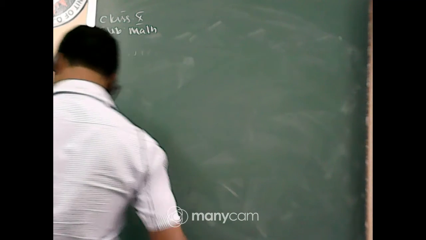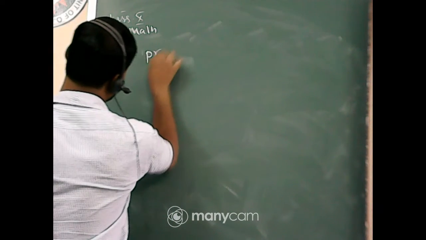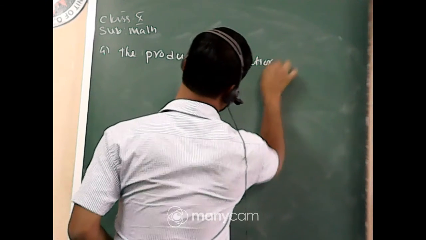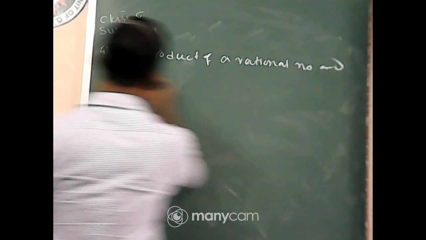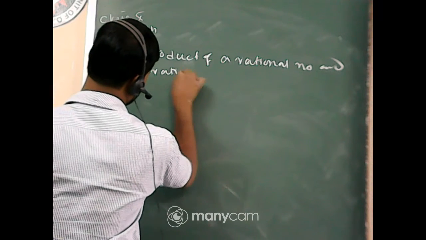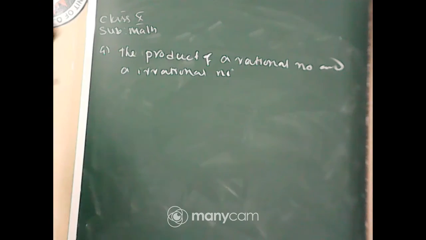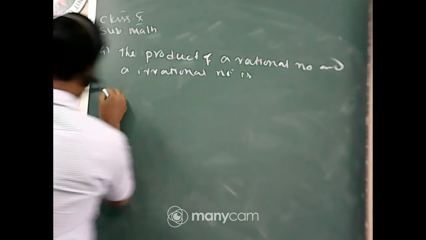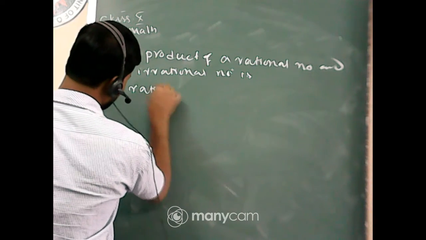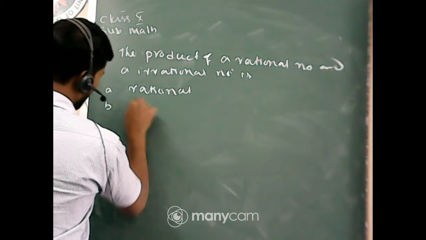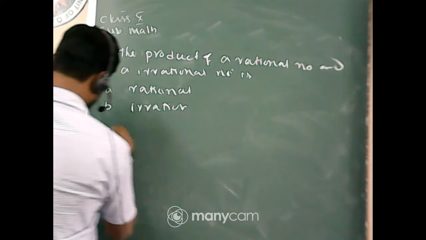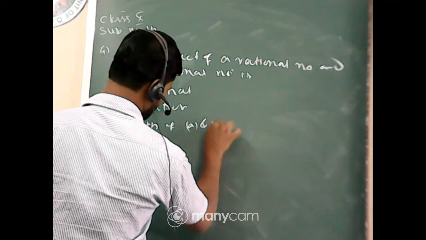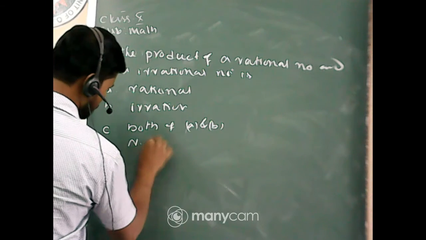Okay, the next question is, the product of a rational number and an irrational number is: option A, a rational number; option B, an irrational number; option C, both A and B; and D, none of these.